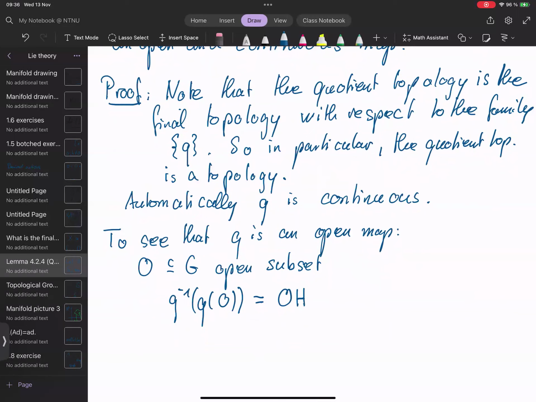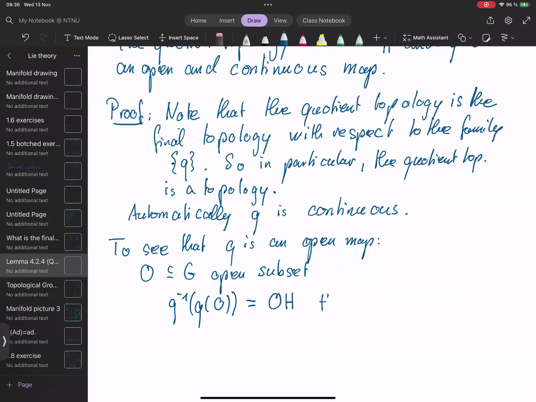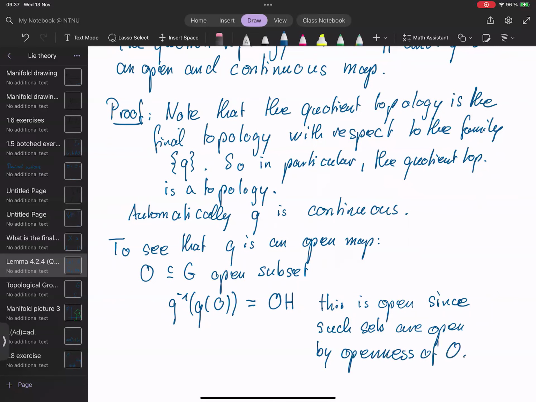And we know that this is open since in any topological group, if I have an open set and I take the products with any given set, whatever H might be or what topological properties it might have, as long as it's a set, such sets are open by openness of the O. Okay, great.